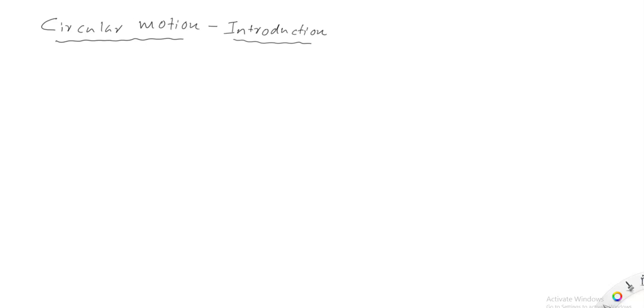Okay, so let's talk about another application of two-dimensional motion. Earlier we talked about motion in one dimension, that means a straight line. Then we talked about projectiles, two-dimensional motion. In projectiles you have objects moving under gravity.